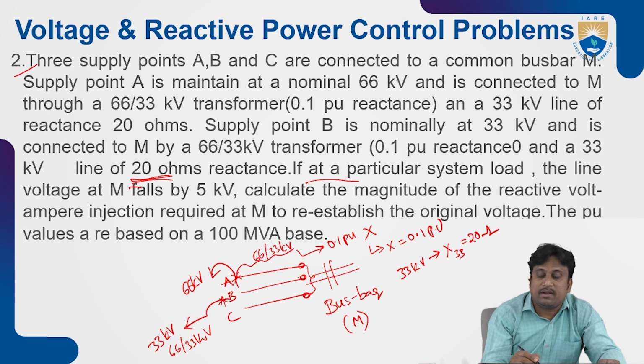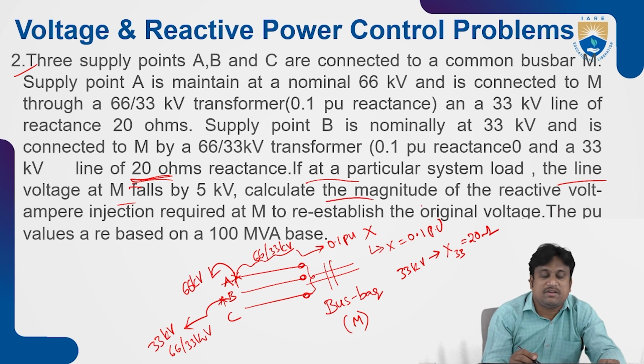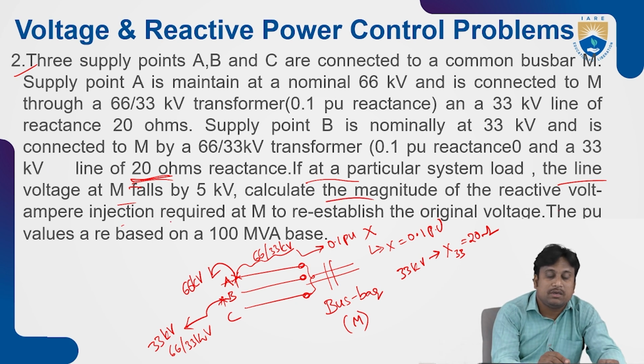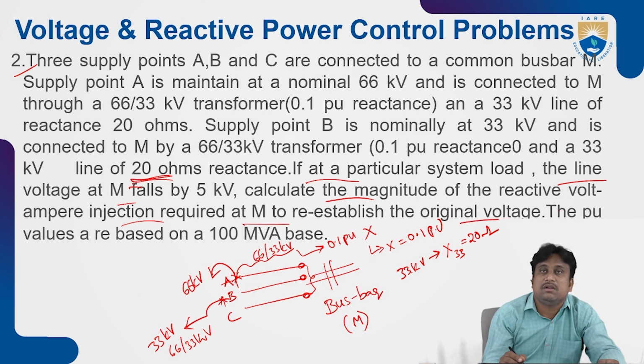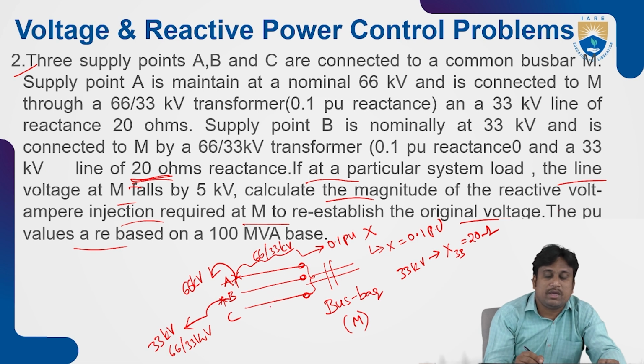So if at a particular system load the line voltage at M falls by 5 kV, calculate the magnitude of the reactive voltamps injection required at M to re-establish the original voltage value. Per unit values are based on a 100 MVA baseline.